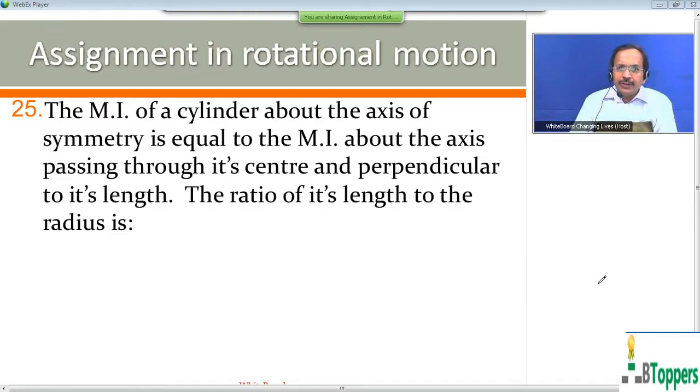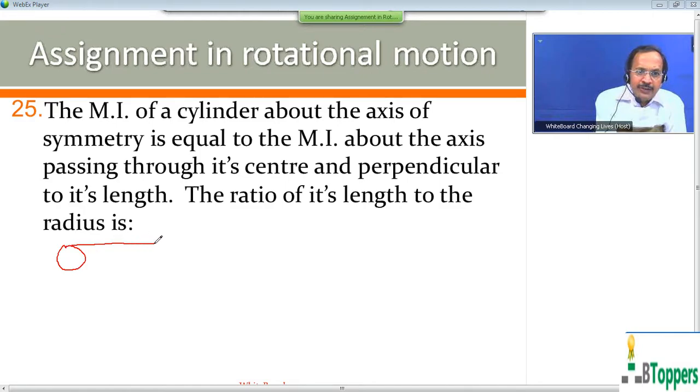See question number 25, which I have discussed in the theory part actually. The moment of inertia of a cylinder about the axis of symmetry is equal to the moment of inertia about the axis passing through its center and perpendicular to its length. The ratio of its length to radius is? The moment of inertia of a uniform solid cylinder about its axis of symmetry is given by I equal to mR square by 2.